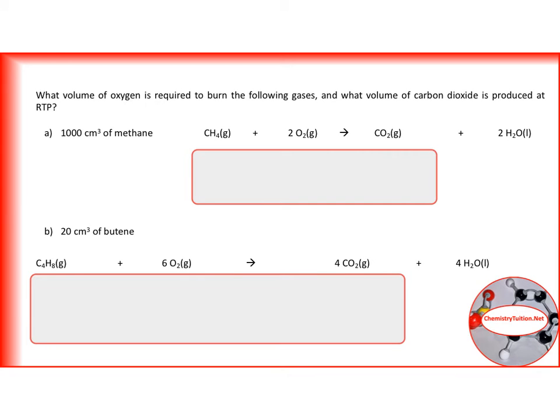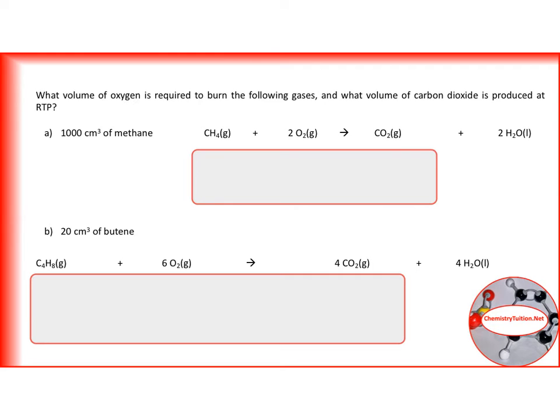This example is slightly different. They've given us a volume of methane, and they would like us to find the volume of oxygen required to combust with it, and the volume of carbon dioxide produced. They've told us again that this is at room temperature and pressure. We know that the volume of a gas is proportional to the number of moles I have if we keep temperature and pressure the same.